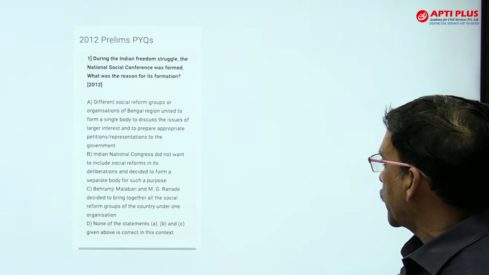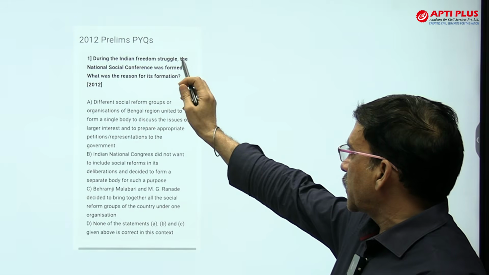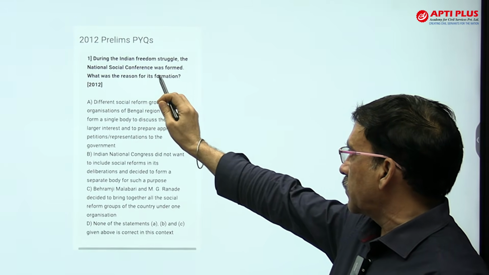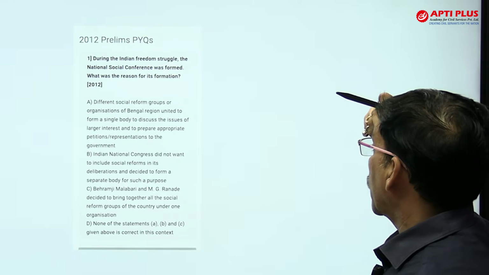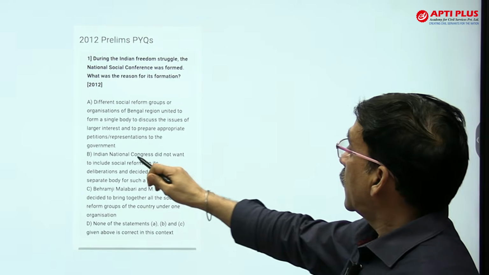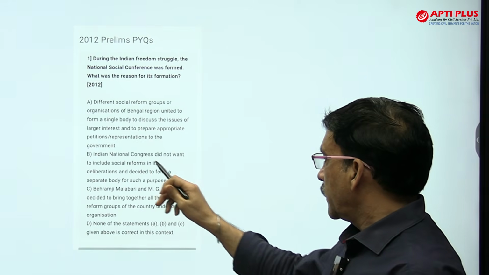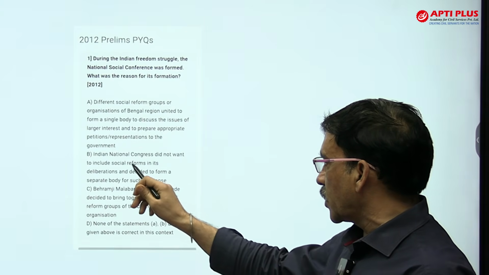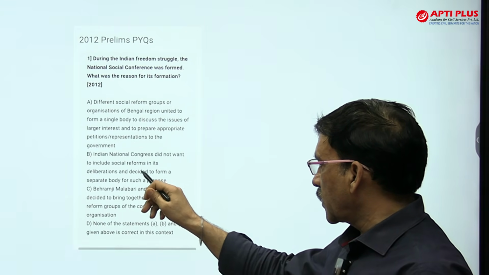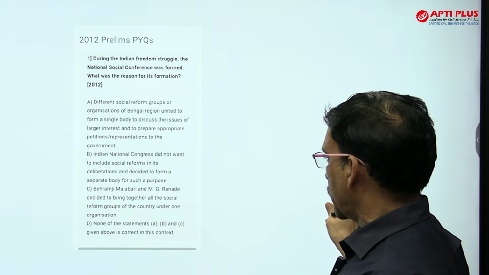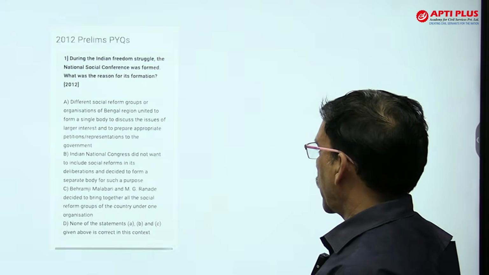So let us see the options here. The answer will be B: that Congress didn't want to include social reform in its deliberation, so it decided to form a separate body for such purpose. So I think this all is fine.